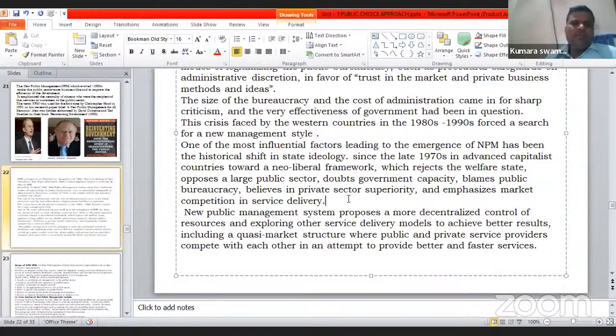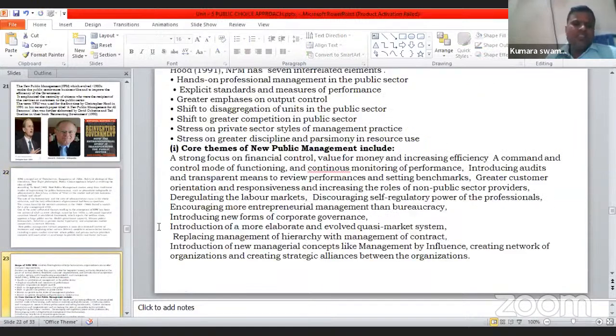They didn't trust the government, didn't have a good opinion of it, and blamed the public bureaucracy. So this is the reason. And the new public management system proposes more decentralization and control of resources, and exploring other service delivery models to achieve the best results in the nations.